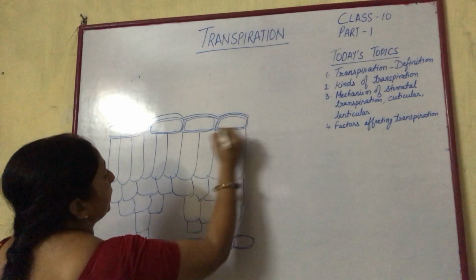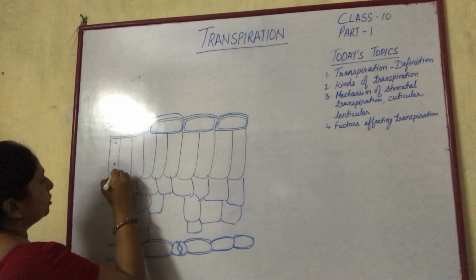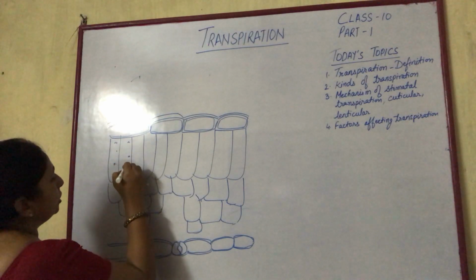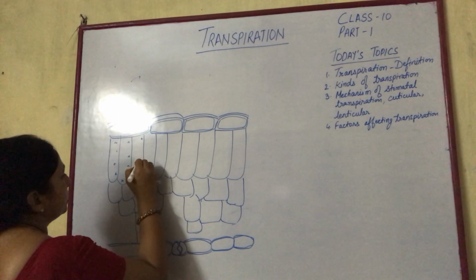Next to this are the dotted structures, which represent the chlorophyll or the chloroplast.